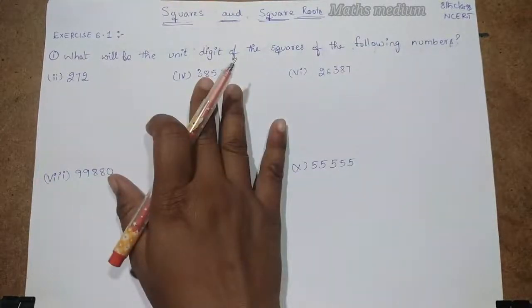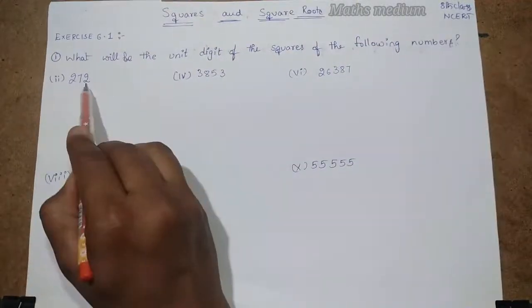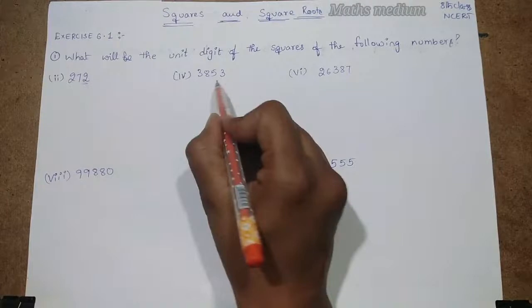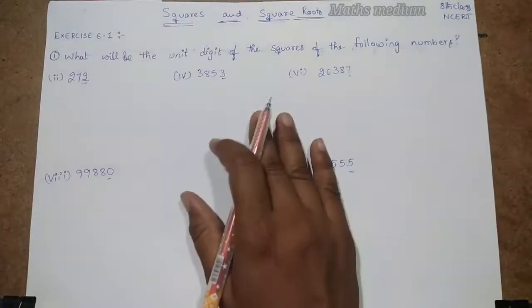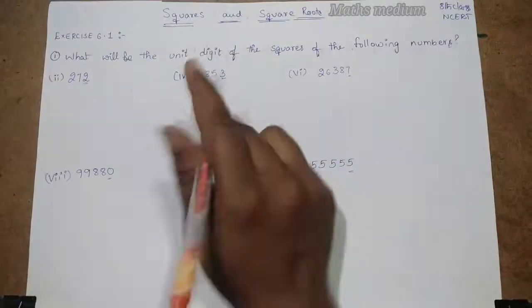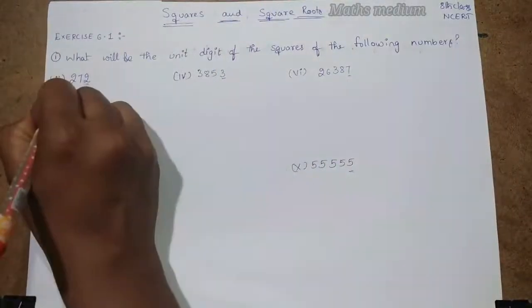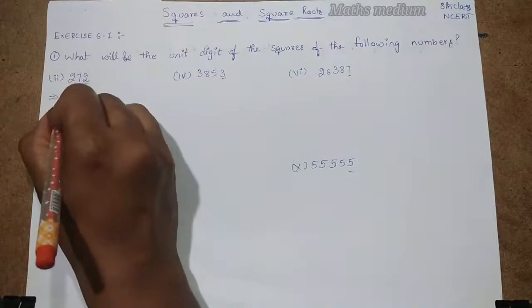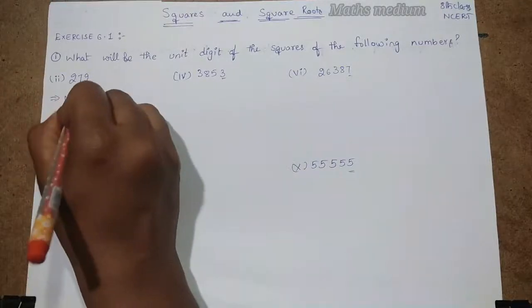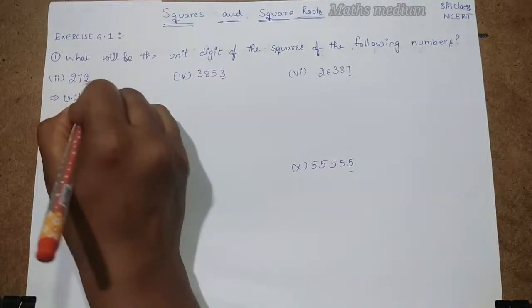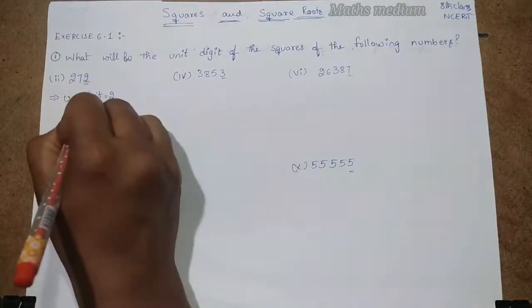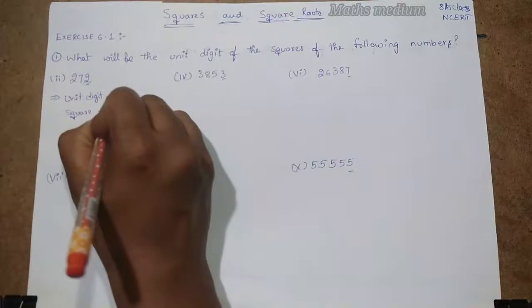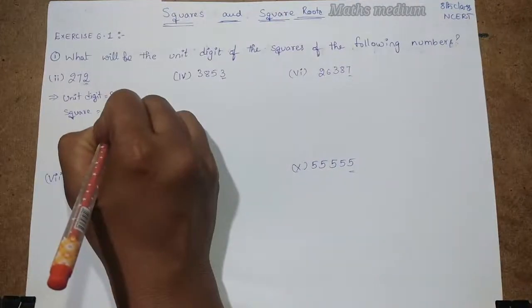Here, the simple thing is we have to take the unit digit of the given number and square it. Then represent the square of the unit digit. So, let's take here unit digit as 2. Unit digit 2, square. It means 2 square, that is equal to 4.